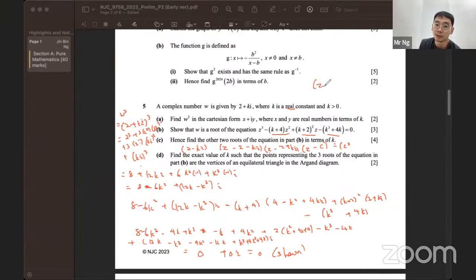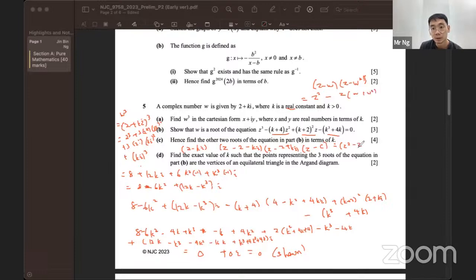Let's say something and its conjugate roots. It will be equals to z square minus z bracket w plus w conjugate.